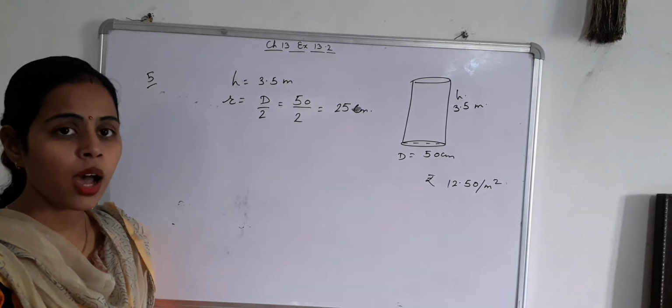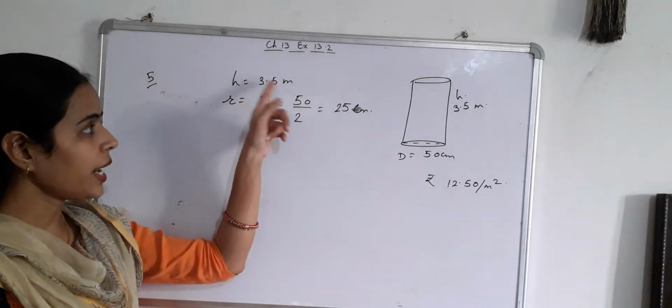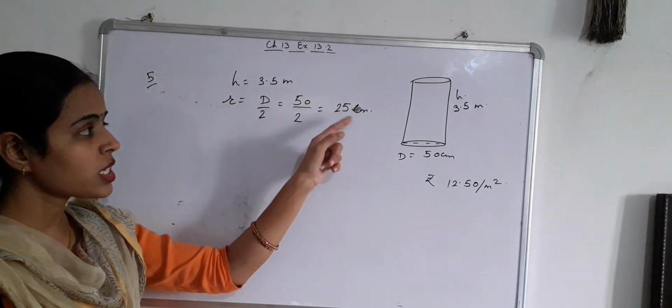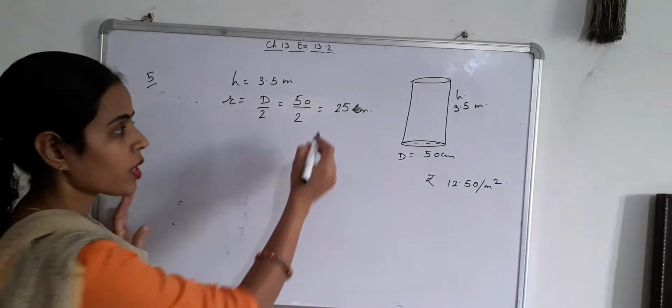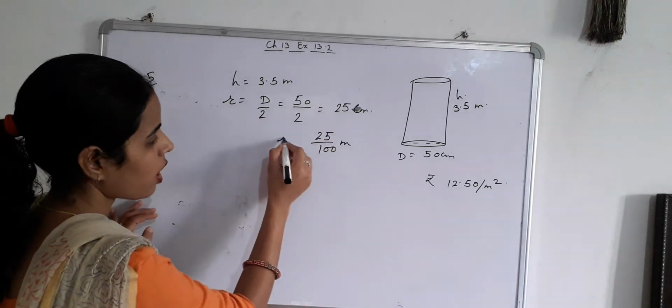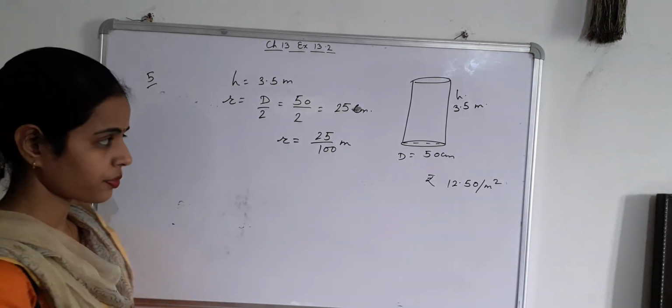But firstly, convert the units, because height is in meter but radius is in centimeter. Convert this centimeter into meter: 25 upon 100 meter. So r equals 25 upon 100 meter.